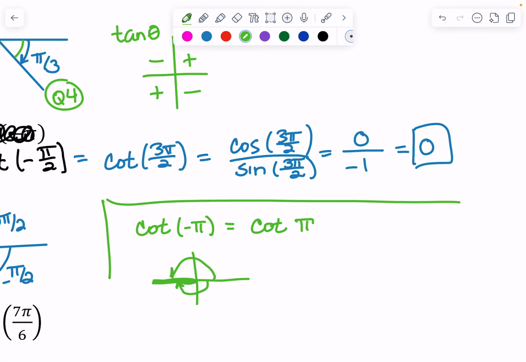If I came around like this, that's fine. Then I have a cosine of pi over a sine of pi. That's all good until we do this part. Cosine of pi is equal to -1, and sine of pi is equal to, well, I haven't gone anywhere up or down, so it's equal to 0. Can't divide by 0. So this does not exist.